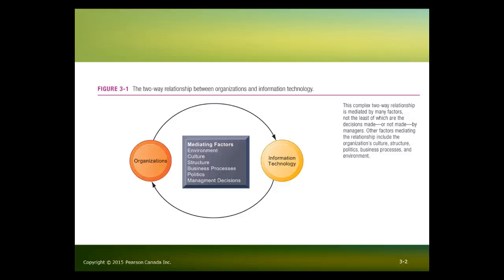What we see in this diagram here is the organization and information technology. As we go through the course, we'll be coming back to this kind of stuff. What I mean by that is it's a course in using information technology in business. It's not an IT course, it's a business course. So what we're trying to do is make IT fit the business, not the business fit IT.